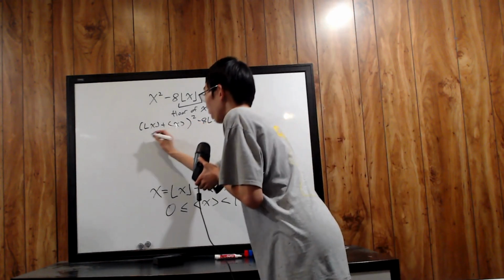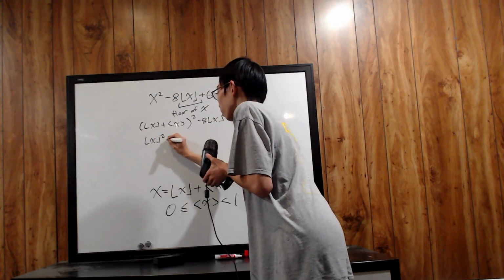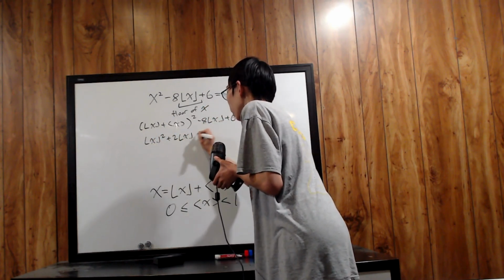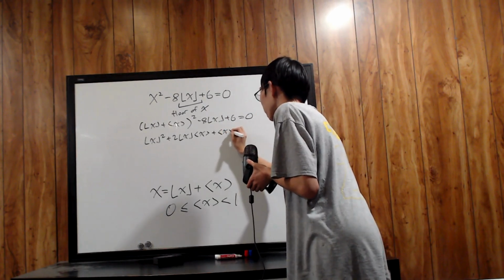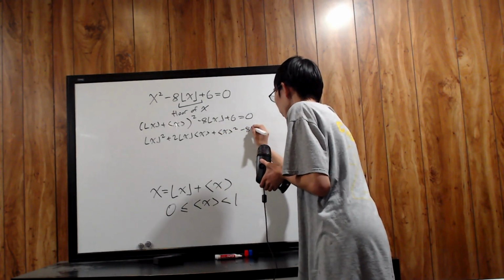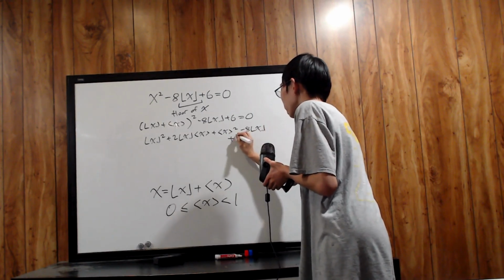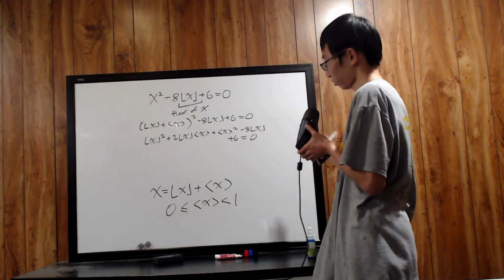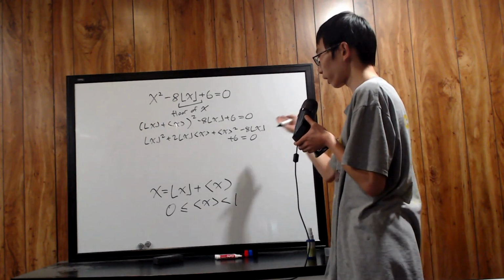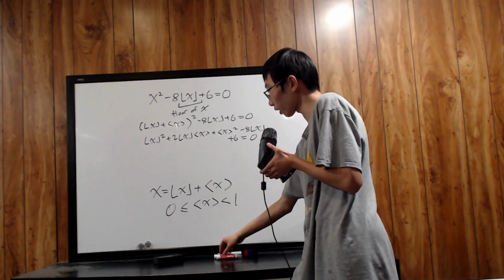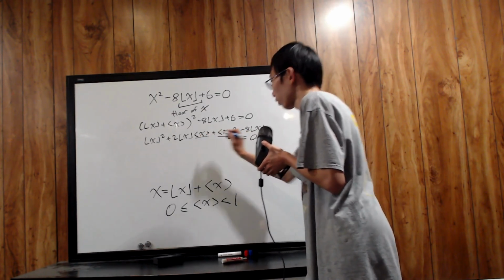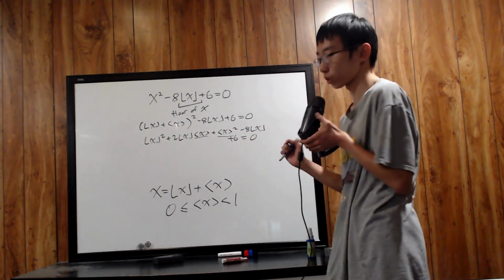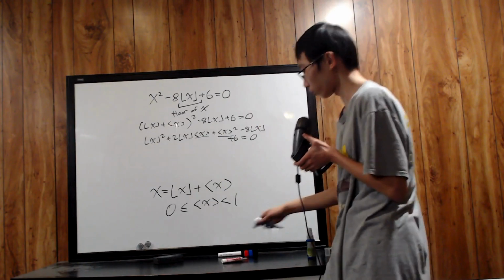Here we would have floor of x squared plus 2 floor of x times fractional part of x plus fractional part of x squared minus 8 floor of x plus 6 is equal to 0. And notice we actually have a quadratic expression in terms of the fractional part of x if we treat the floor of x as constants. So I'm going to rearrange a little bit.